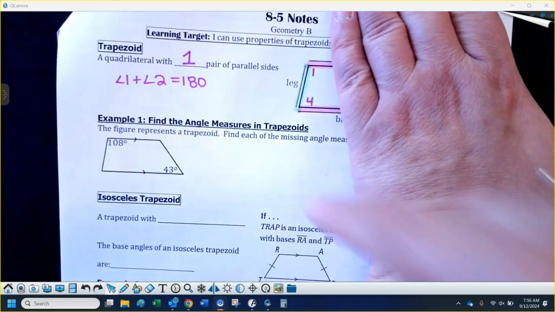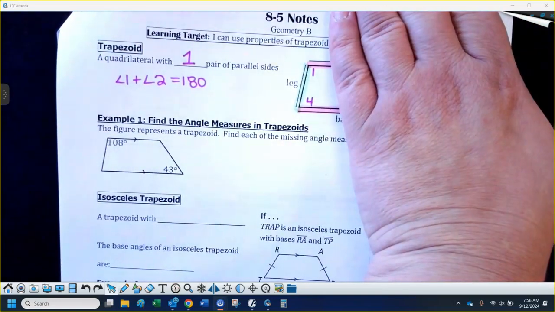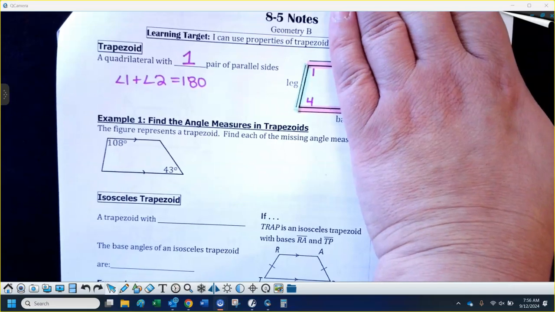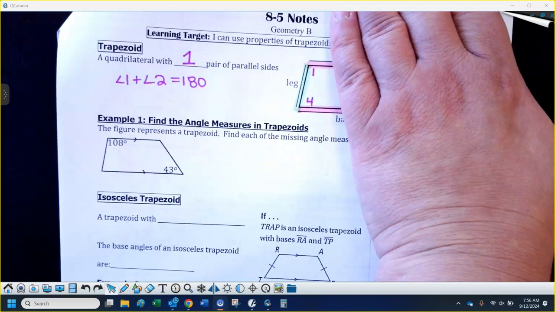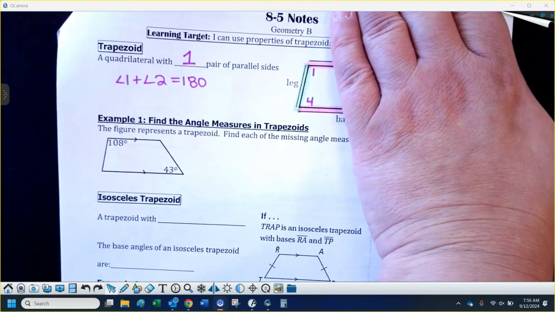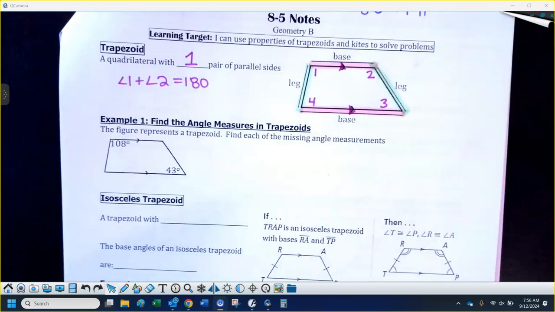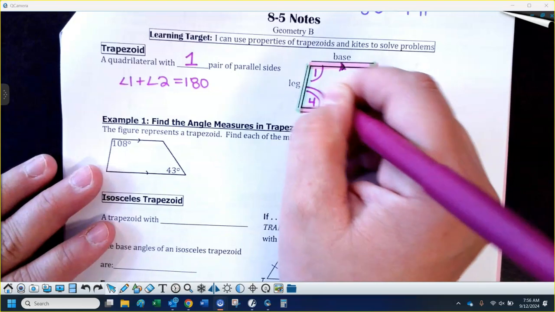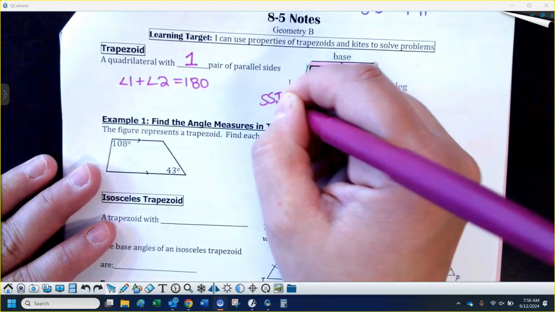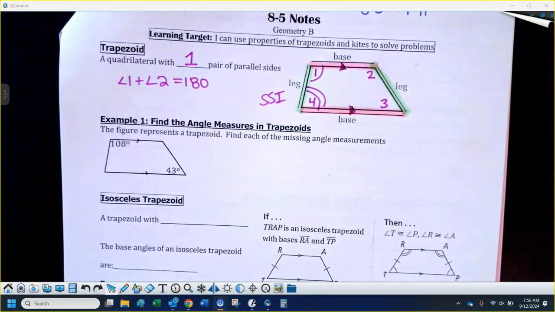You immediately told me those would add up to 180. Why did you know that? That's what we were talking about yesterday. Do you know what kinds of angles those are? They are supplementary. I don't know if you remember this from first semester. Those are called same side interior angles, which does mean they are supplementary.